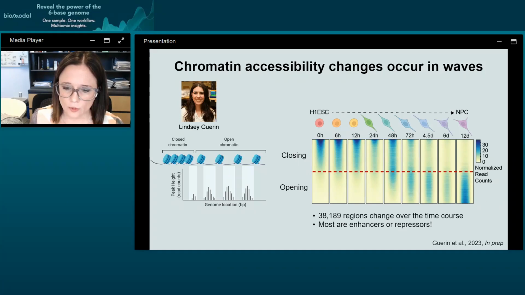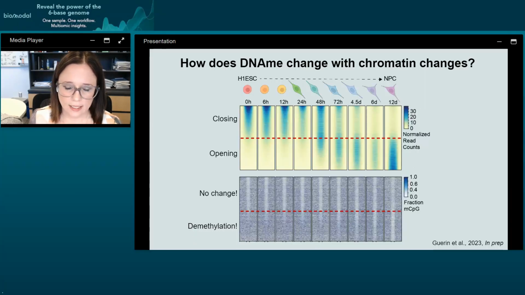From what I consider to be a 10,000-foot view, we see a couple of different things happening. For all of these 38,000 regions that we observe to be dynamic in terms of accessibility, we observed two things with methylation. Number one, the regions that were open initially in this time course are hypomethylated, not surprisingly.